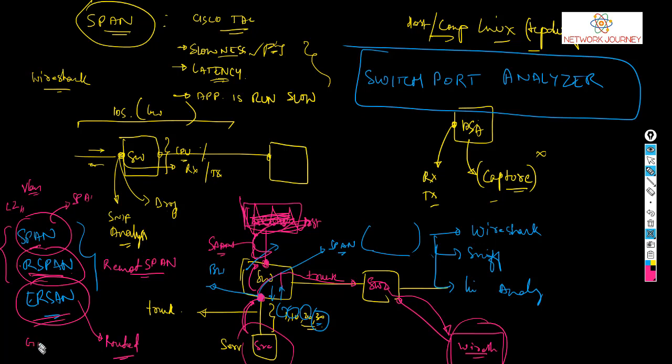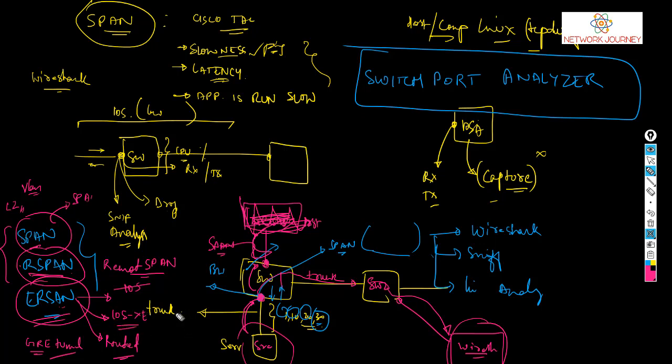We need to have a GRE tunnel built so that we can configure it. The second thing about ERSPAN is that this is not seen in IOS. IOS is not capable of doing ERSPAN. ERSPAN is the latest technology, and to do this lab you need some IOS XE boxes. Only then can you do that.